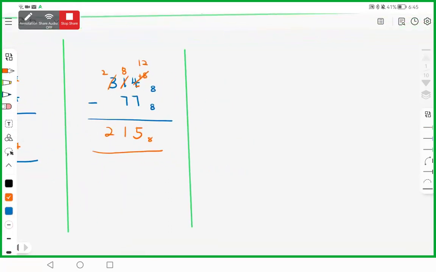Now your turn again. Let's try base 7. Okay, what about here 5, here 3, 7, or here 6?